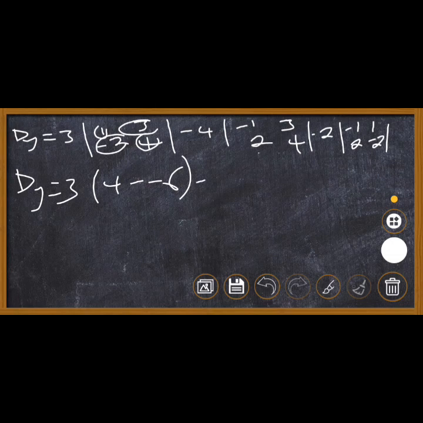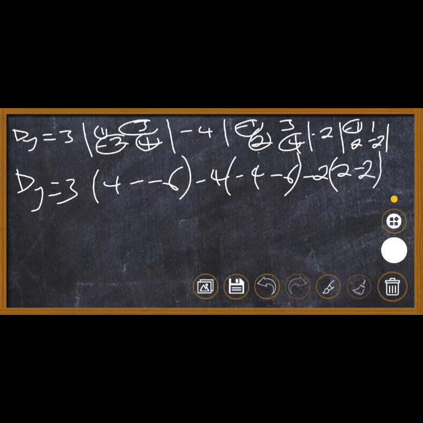Okay, and then minus 4, then negative 1 multiplied by 4, it's negative 4, and then 2 multiplied by 3, we are going to have what? Negative 6. Okay, then minus 2 there. So negative 1 multiplied by negative 2, we are going to have positive 2. And then minus 2 multiplied by 1 is simply 2 there.